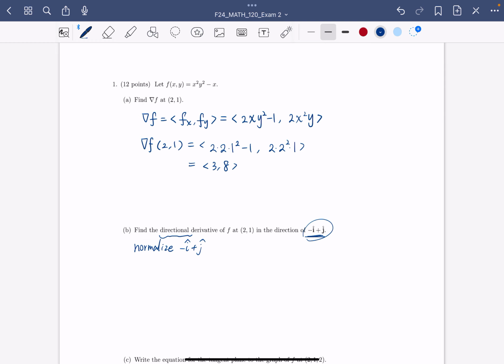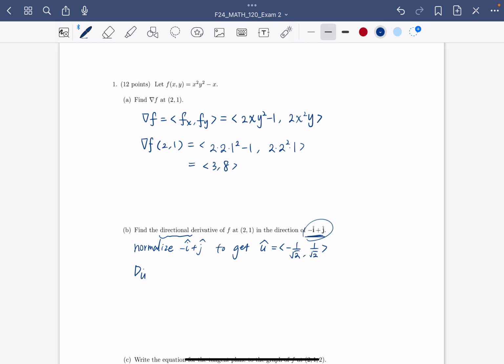So the normalized vector is minus 1 over square root of 2 and 1 over square root of 2.